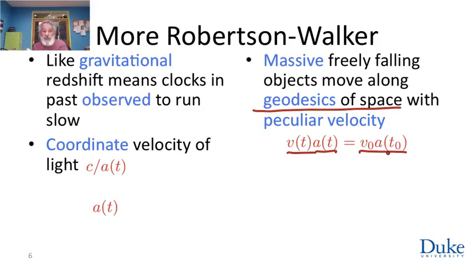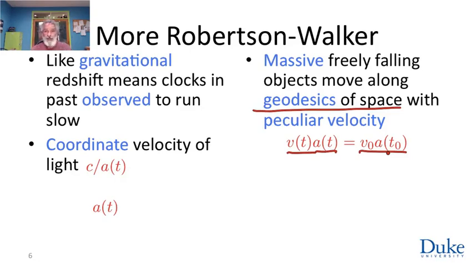Remember, most of the peculiar velocities we observe are actually not freely falling velocities. They have to do with the orbital motion of a galaxy within its cluster or something. But if you look at the relative motions of distant large clusters that have nothing to do with gravitational orbital motion, then they will have moved faster in the past than they are moving now. And this is the analog of studying kinematics.